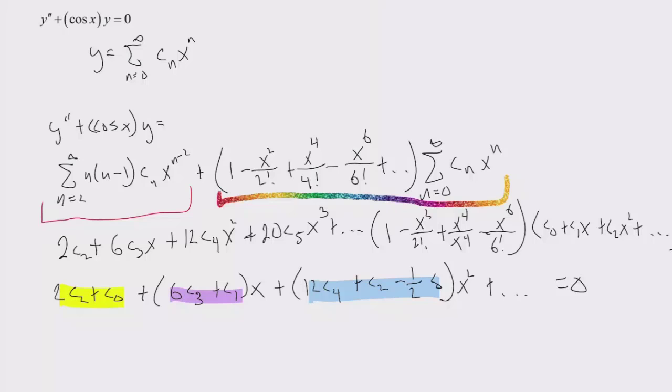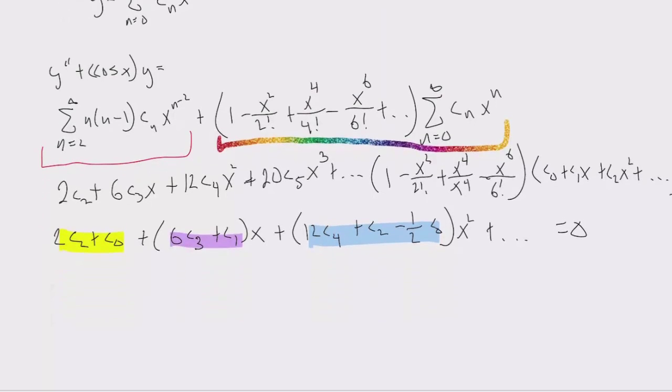So let me write that out. 2c2 plus c0 has to be 0. And 6c3 plus c1 has to be 0. And 12c4 plus c2 minus 1/2 c0 has to be 0.